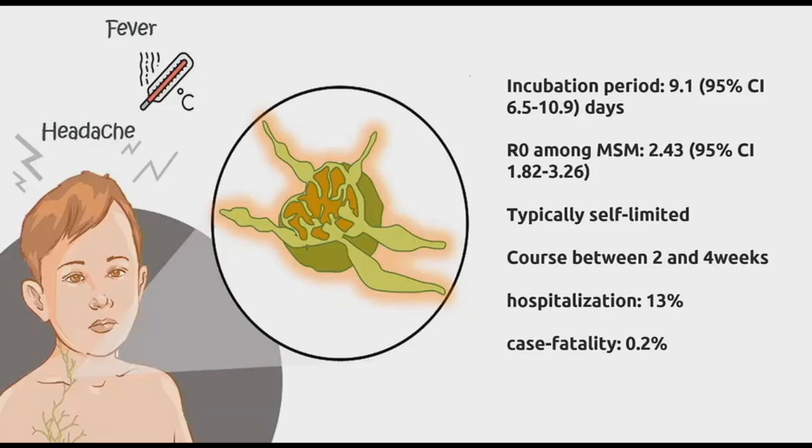For example, for BA.5 of Omicron, the R0 is about 10. So compared with Omicron BA.5, the transmission ability of the monkeypox virus is only about a fifth.